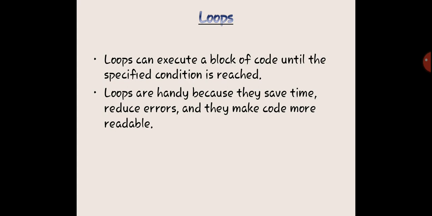That is the normal phenomenon, but loops reduce this. A block will be declared and stated only once, and the condition will be put outside. If the condition is true, the loop will be executed again and again. That is how it saves time and space.